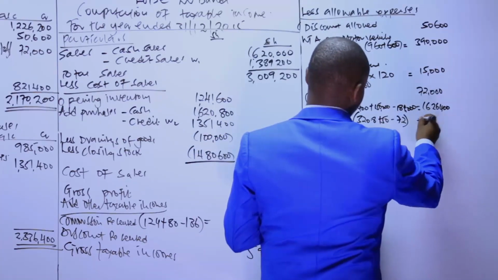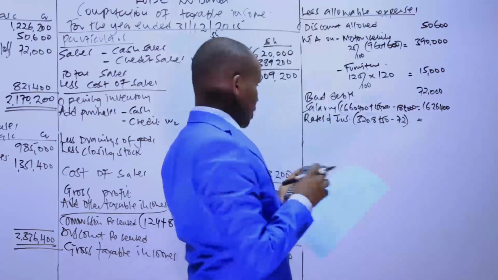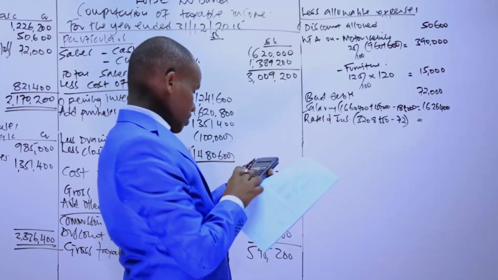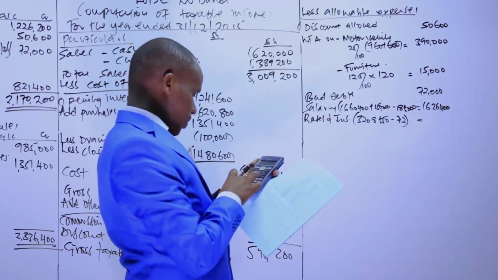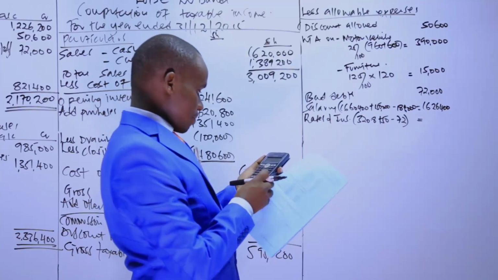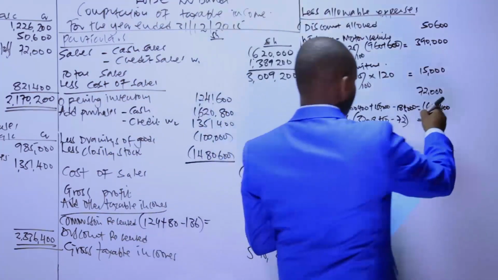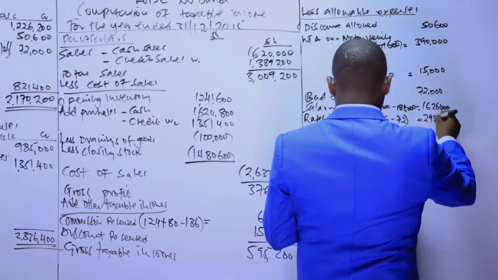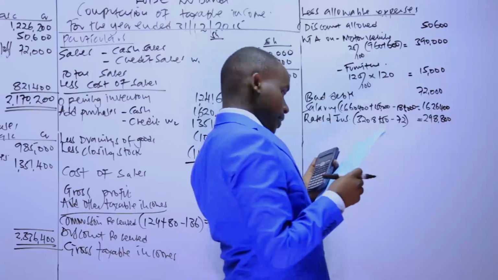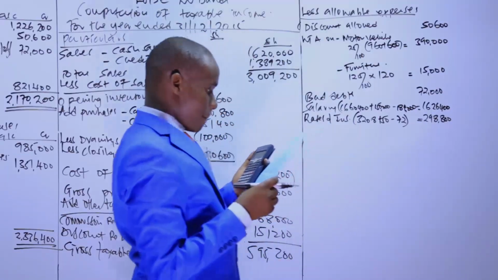This is not for this year, it is for next year, so we less. So 320,800 plus 50,000 minus 72,000. You get 298,800.